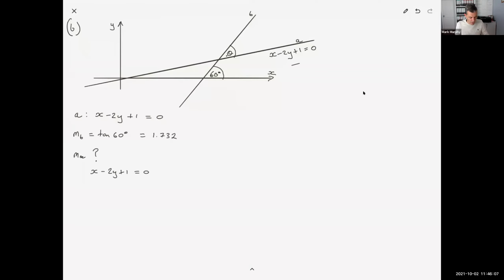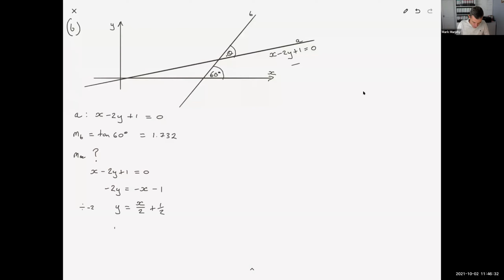Let's get into the format now, right? Let's get the y's on one side. So you have minus 2y is equal to minus x minus 1. Dividing across by minus 2, you get y is equal to x over 2 plus a half.